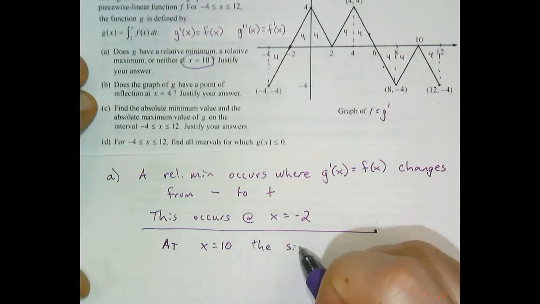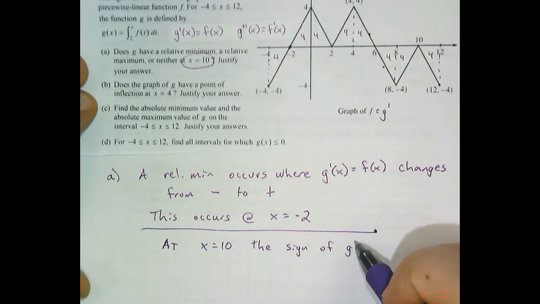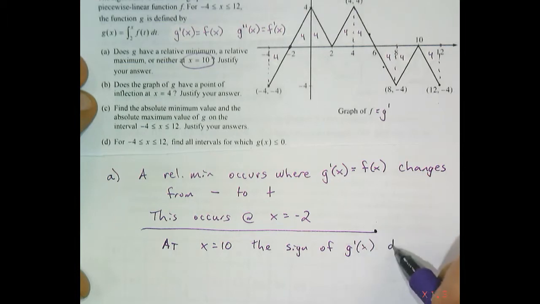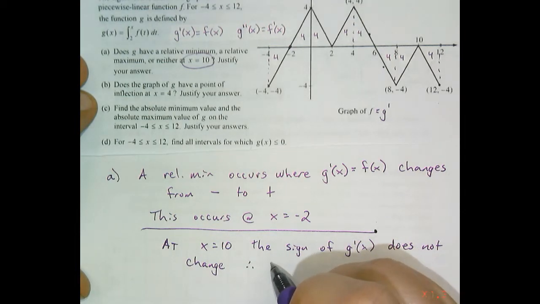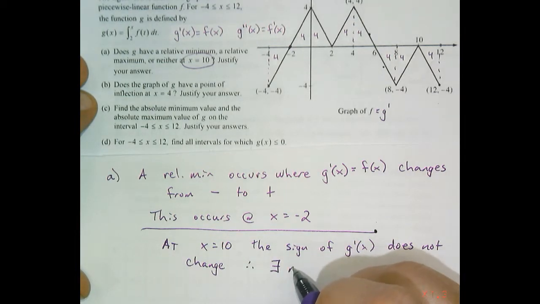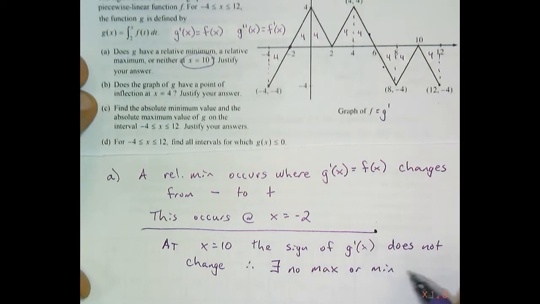The sign of g prime of x does not change. Therefore, there exists no max or min at x equals 10.